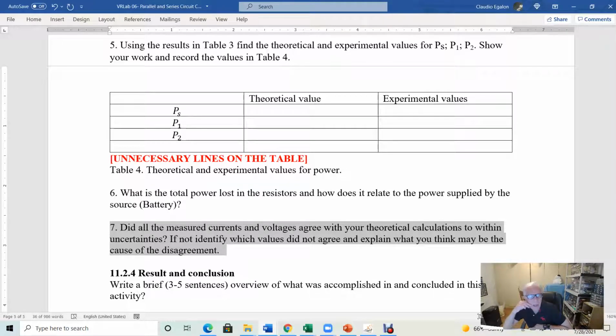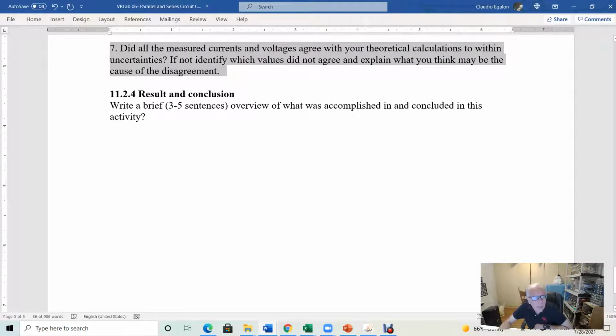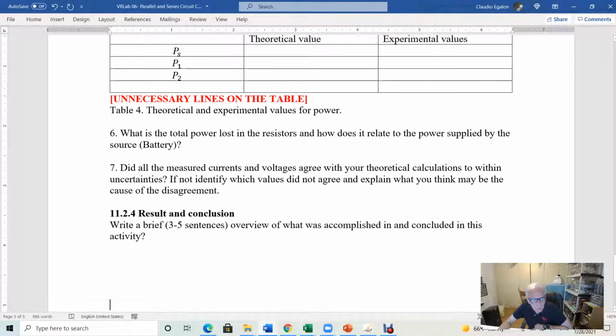If not, there was a small difference in the second or third decimal place. And here you go, result and conclusion. Write a brief 3 to 5 sentence overview of what was accomplished and concluded in this activity.